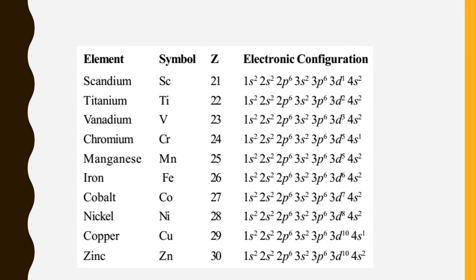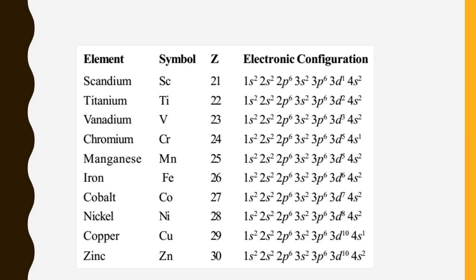By looking at this slide, I hope you practice well to write the electronic configuration. So you should apply Hund's rule and the Aufbau principle. Then you have to complete the electronic configuration. Here we have written the scandium to zinc electronic configuration.